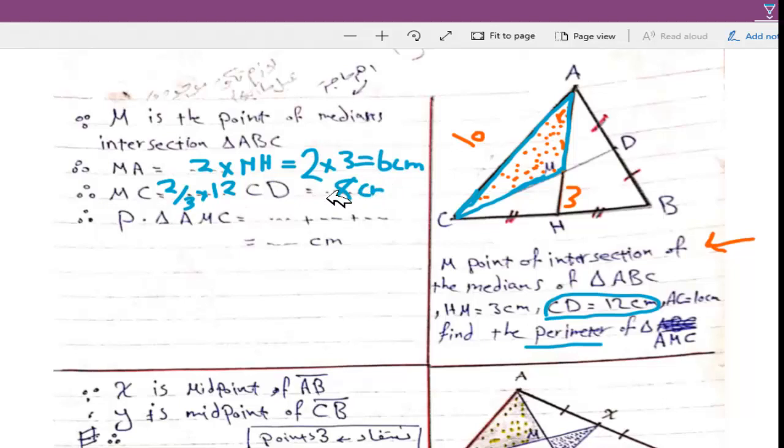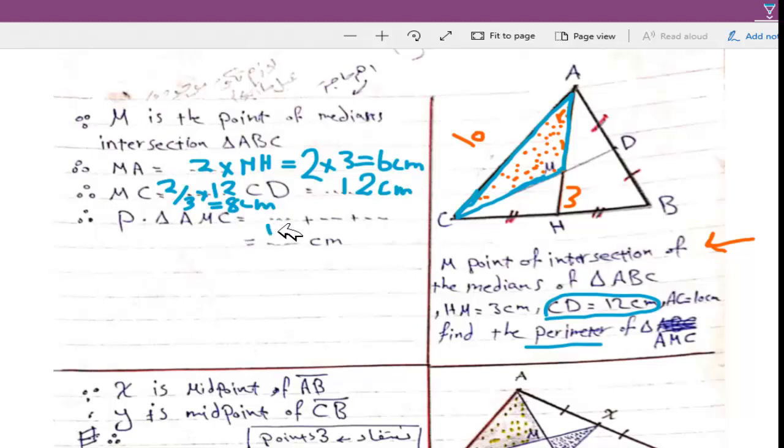Okay, so MC will be 8 centimeter. I have to write it here. Since CD equals 12, so MC is 8 centimeter.